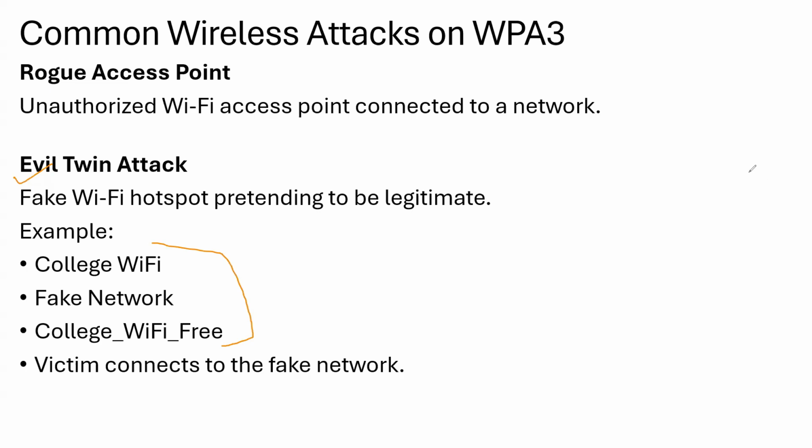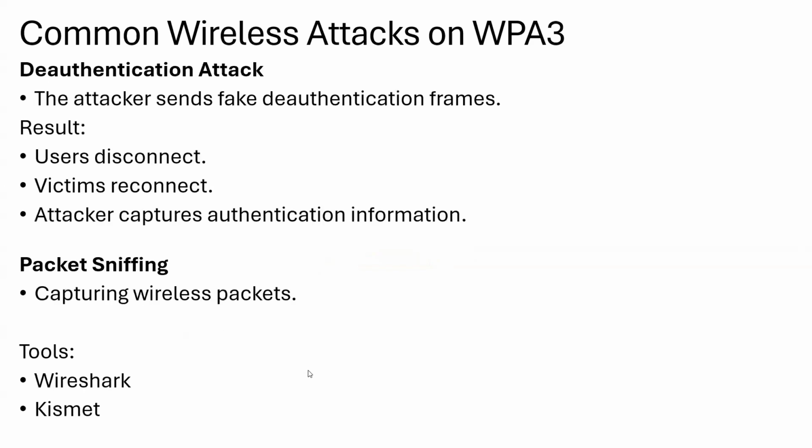Sometimes college Wi-Fi has sessions where you log in via your mobile phone. That kind of security can be implemented in colleges or organizations. In an evil twin attack, the victim connects to the fake network.